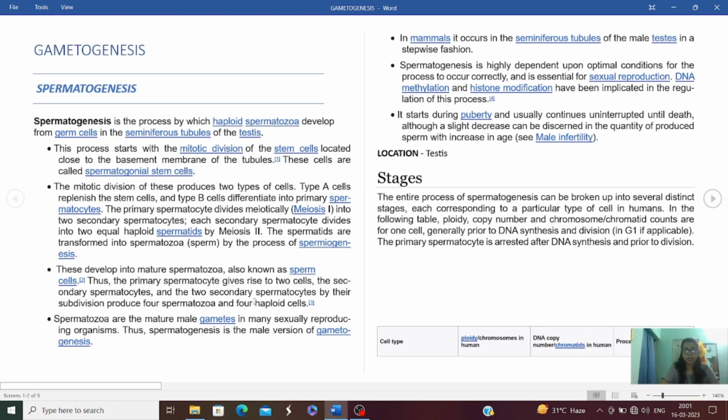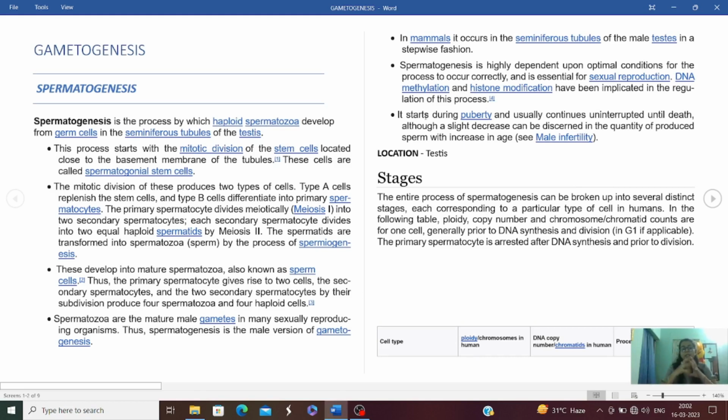The spermatozoa are the mature male gametes in sexually reproducing organisms. So this process of formation of spermatozoa is known as spermatogenesis. In mammals, spermatogenesis takes place in the testis, as I have already discussed. When does this phase start?